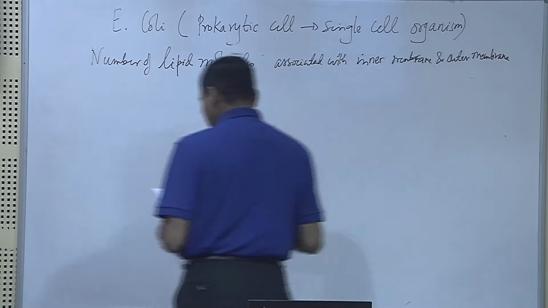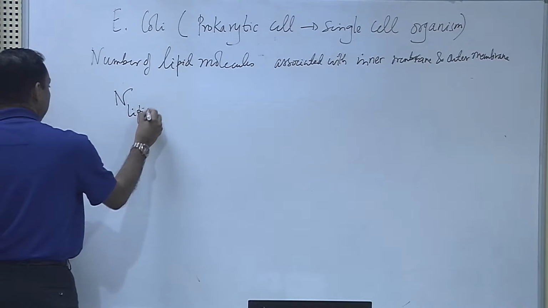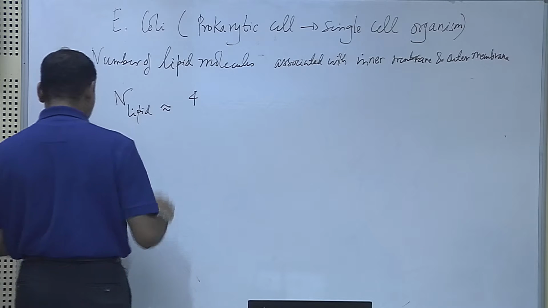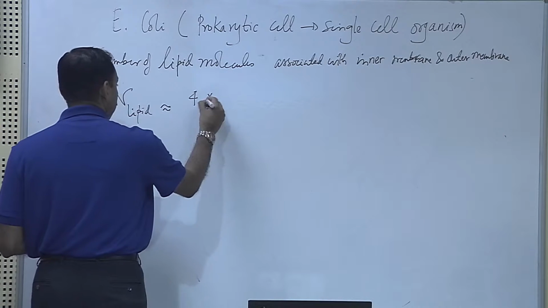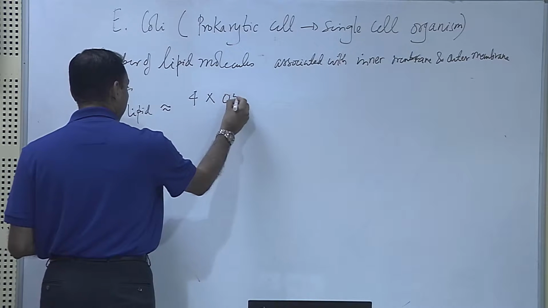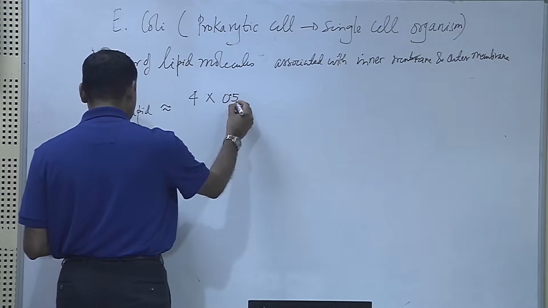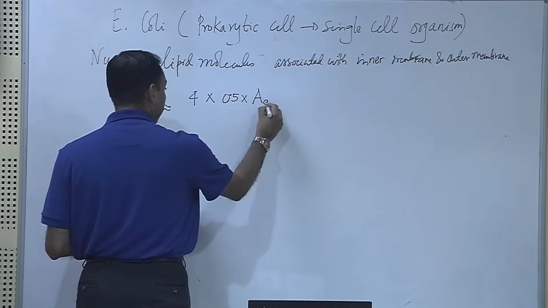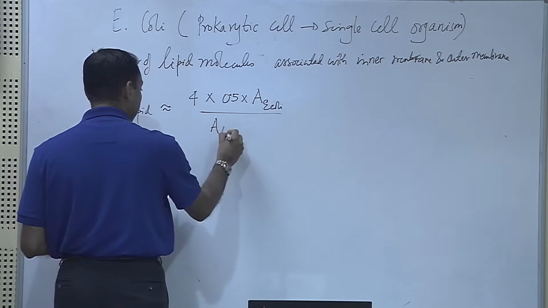So, the number of lipid molecules that we see is roughly 4 times 0.5, times the area of the E. coli cell divided by the area of the lipid.